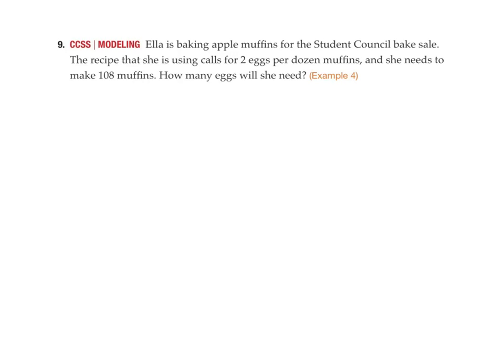Okay, so here we are, same real life situation. Ella is baking apple muffins for the student council bake sale. The recipe that she is using calls for 2 eggs per dozen muffins, and she needs to make 108 muffins. How many eggs does she need? Well, here's the written format of 2 over 12. Okay, you need to know that a dozen equals 12, so 2 eggs will make 12 muffins. You don't know how many eggs, so eggs is going to be your x, but she does need to make 108 muffins.